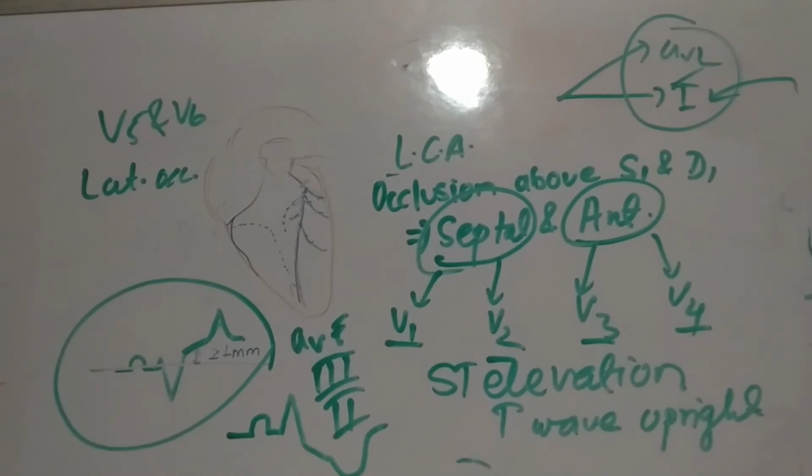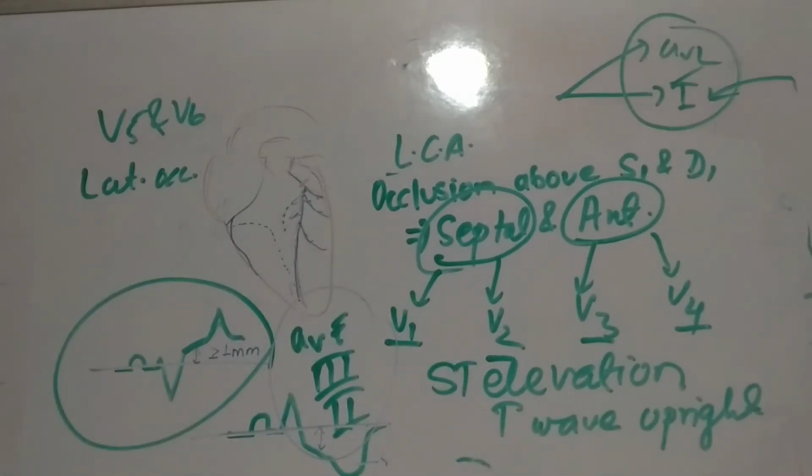Yes. So this is your PR segment, this is your isoelectric line, and you see here the ST segment is depressed and T wave is inverted. So in inferior leads you will find the reciprocal relationship. So if there is occlusion above the level of S1 and D1, that is septal and diagonal artery, then you can find septal and anterior occlusion, and there may be septal and anterior MI.